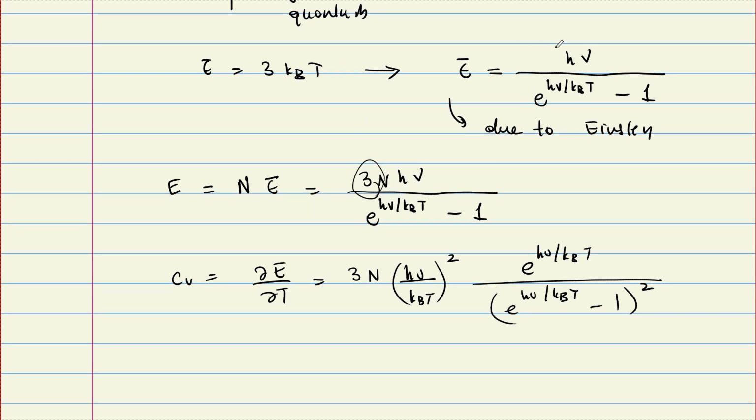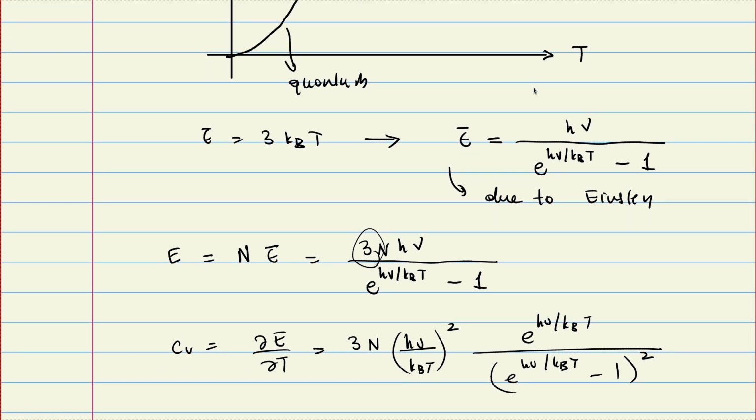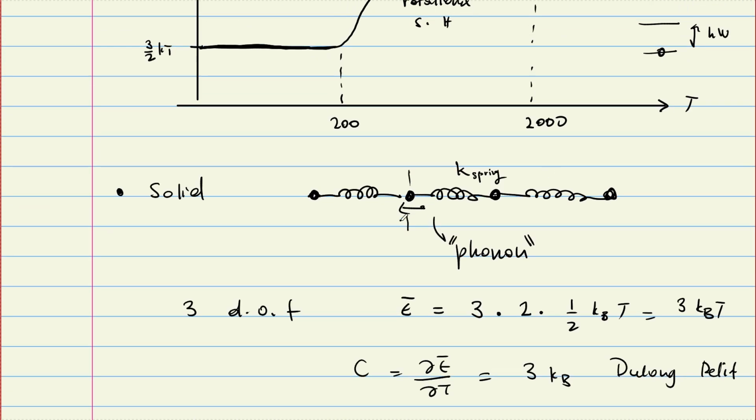Oh, sorry, it is also there. So this is one frequency mode for this kind of vibration, right? There is another frequency mode for this kind of vibration, another h nu, and there is another frequency mode like this. In total, there are 3. Okay.